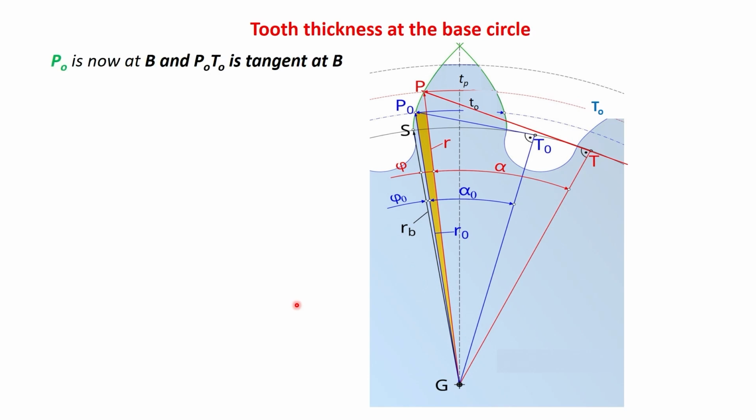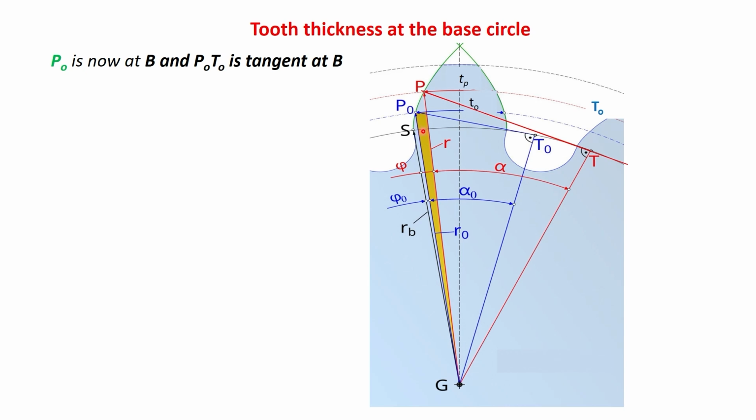Now we want to determine tooth thickness at the base circle. So, the radial distance of P0 will become the radial distance of the base point, which is S. This P0 will shift to S, and from S we will draw a tangent on the base circle.